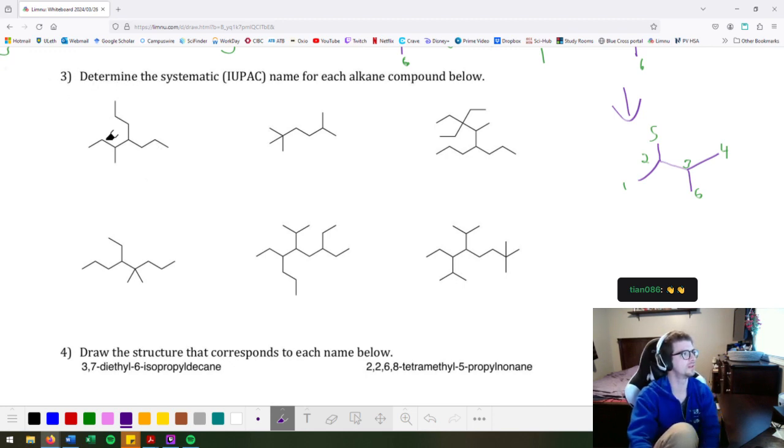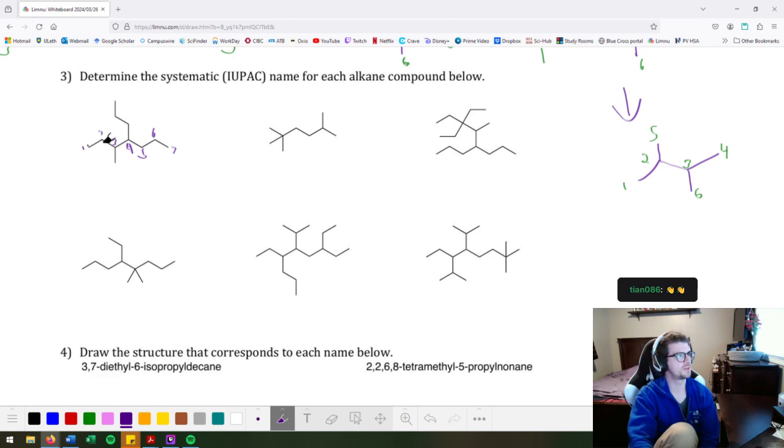So let's just see here. For this one, we've got 1, 2, 3, 4, 5, 6, 7 carbons along that chain. But to make sure this is actually the longest chain, we'll count the others as well.